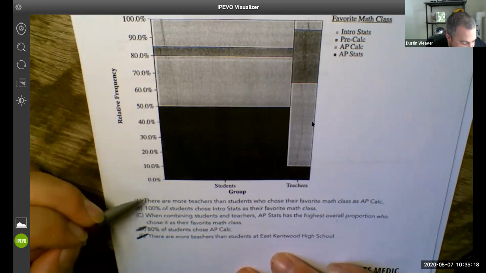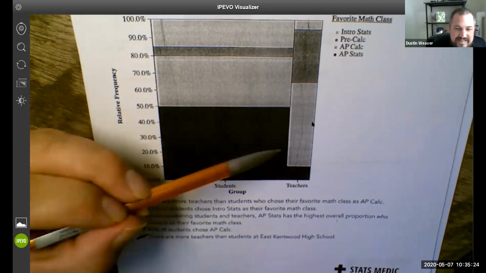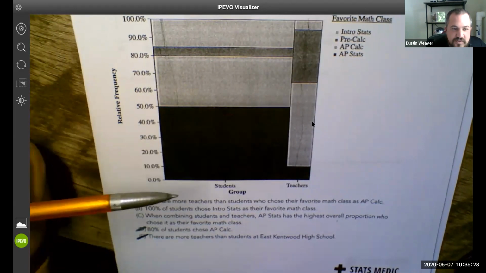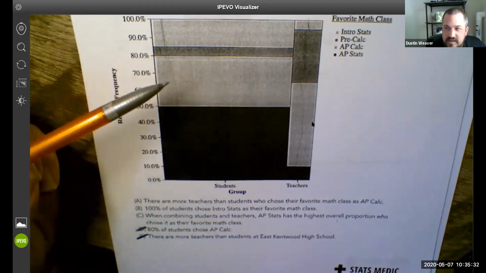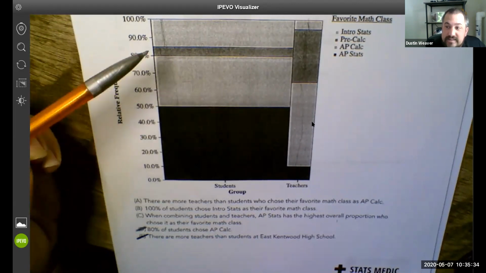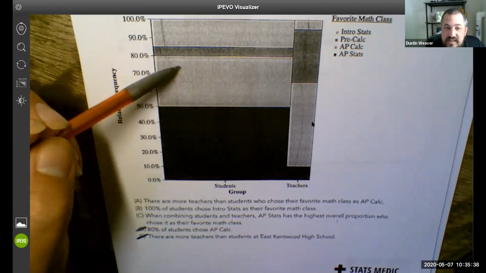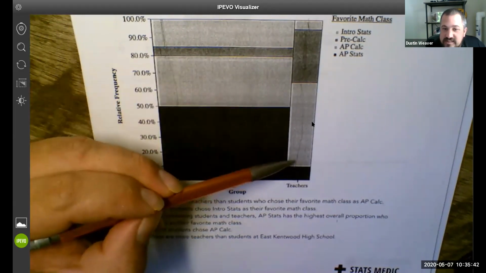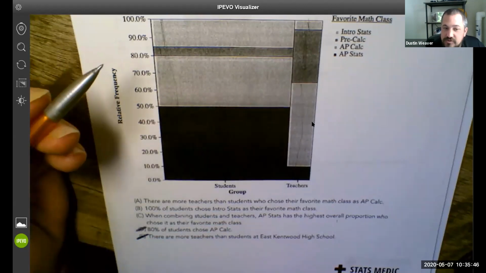A says there are more teachers than students who chose their favorite math class as AP Calc. Here's where you've got to be careful. About 55% of teachers chose AP Calc, and about 30% of students chose AP Calc. But if there are 1,000 students, 30% might be 300 students. And if there are only 100 teachers, 55% may only be 55 teachers, right?